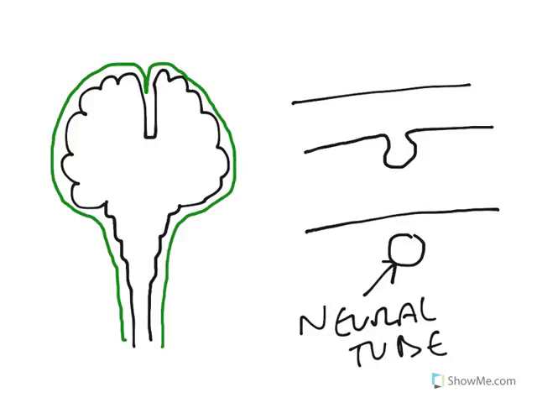Now, the neural tube becomes the brain and the spinal cord. And if you understand how the brain and the spinal cord develop, that is from a tube, then the obvious implication is that the brain and the spinal cord are hollow. Now when you're looking at brains and spinal cords, you don't automatically tend to realise that they are indeed hollow, but they are. So let's draw on what the cavities within the brain and the spinal cord look like.